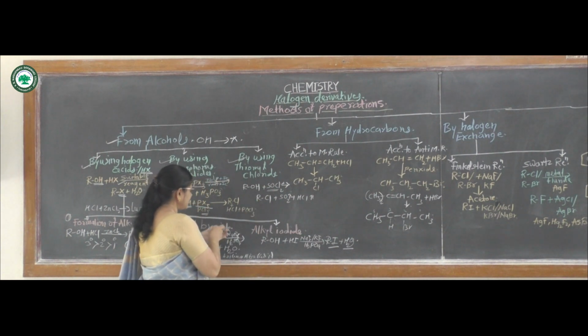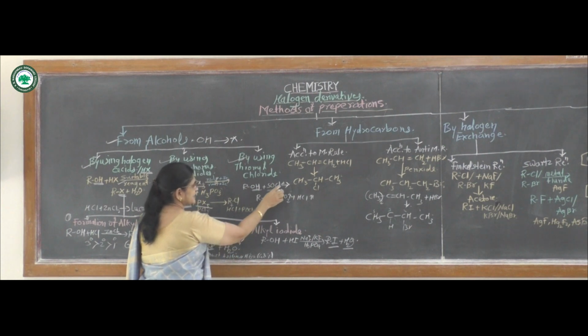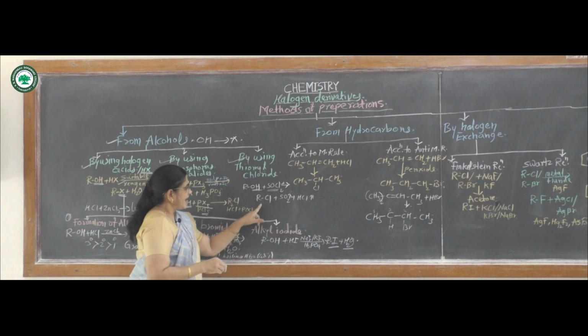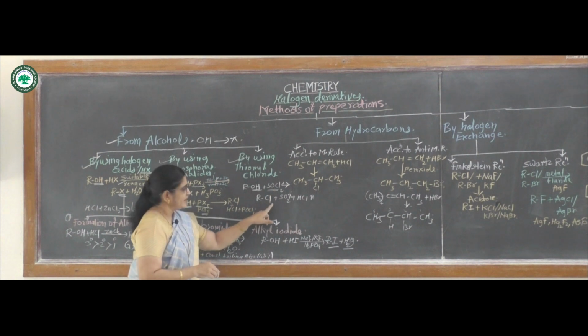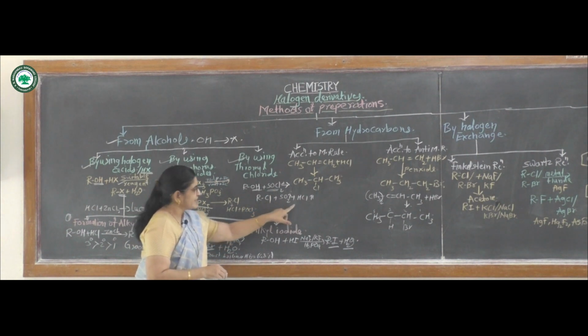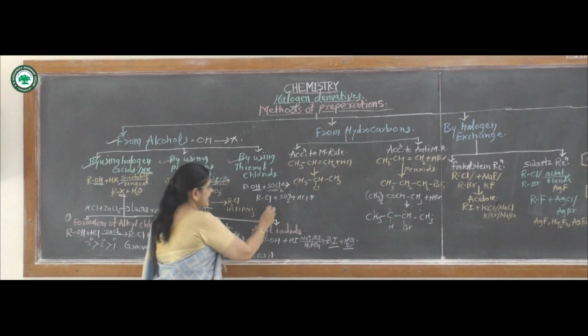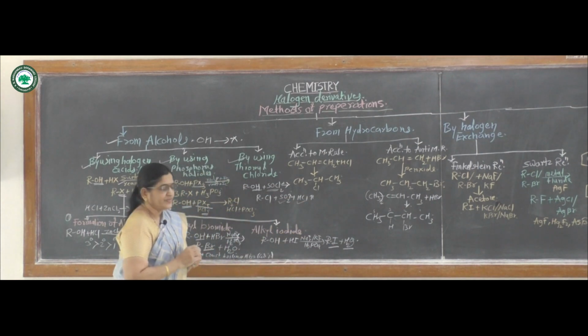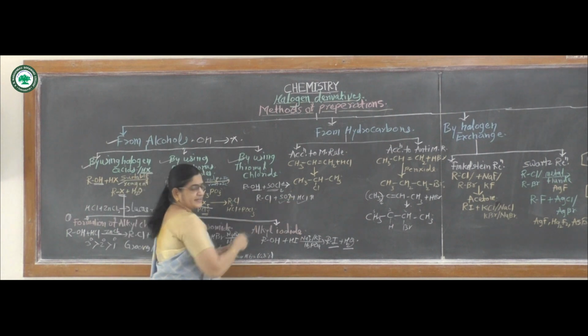In this reaction also, the OH group gets replaced by one chlorine atom of thionyl chloride and it forms alkyl chloride plus SO2 plus HCl. The two byproducts, SO2 and HCl, are both in gaseous state.